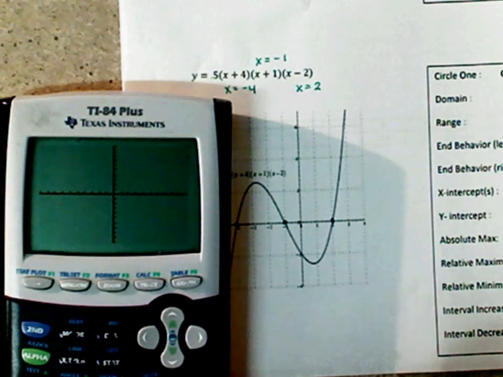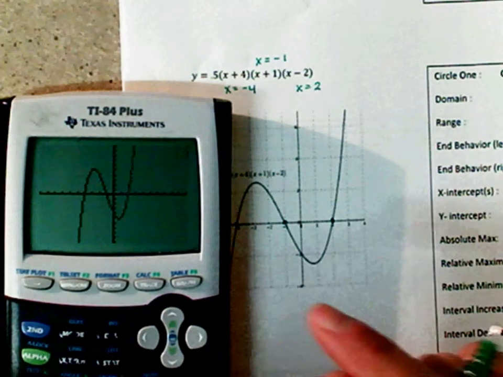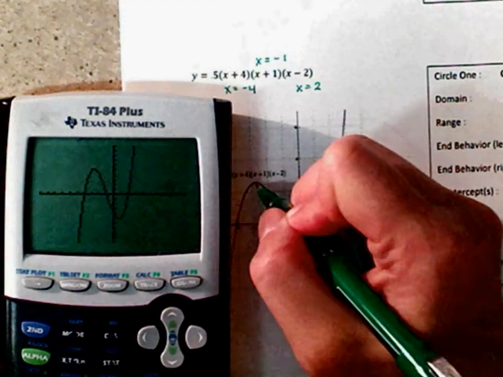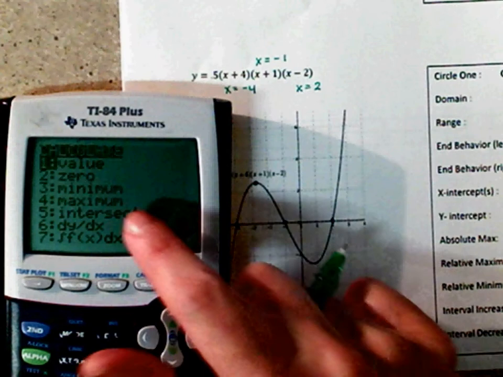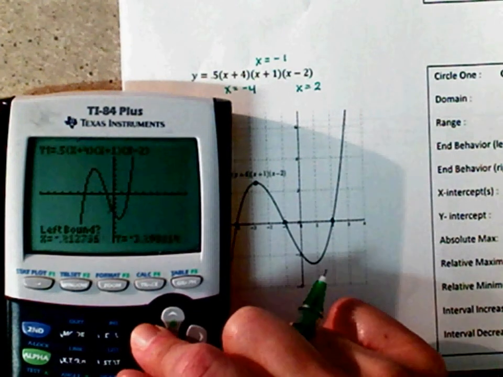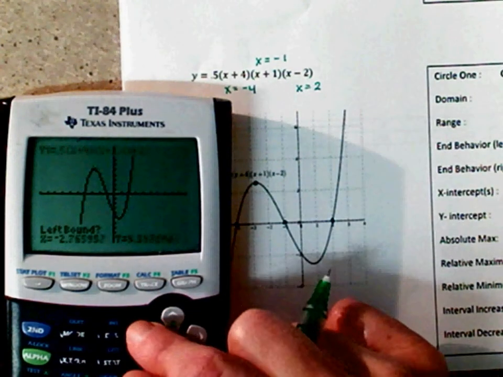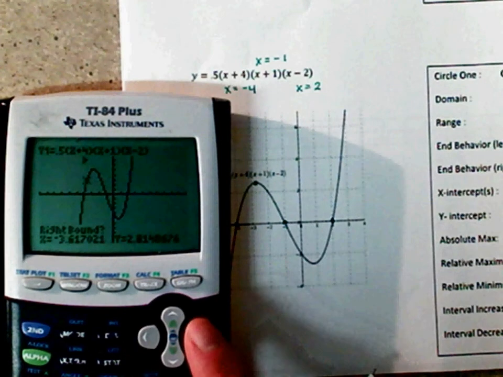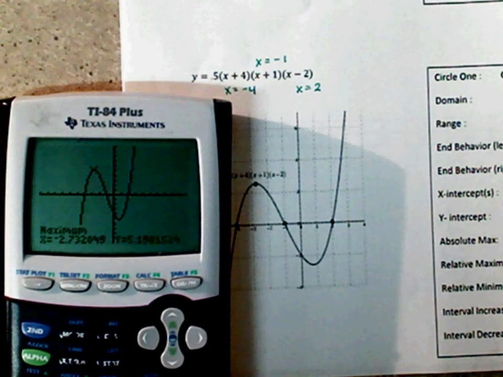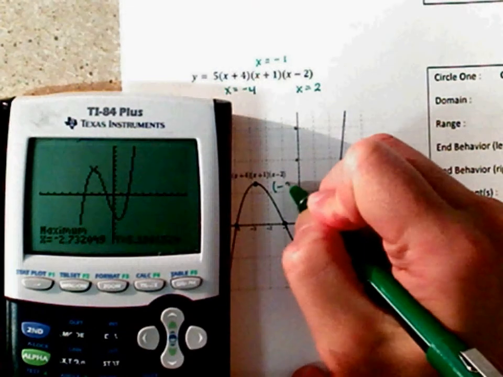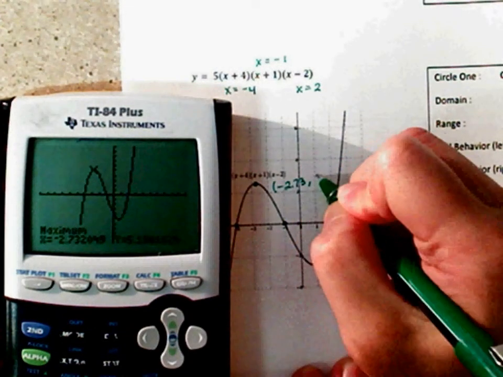There you go. I'm looking for the maximum right here. That's your relative maximum. So I'm going to hit second calc. Maximum is 4. Maybe I should do minimum first, but that's okay. Left side, go over the curve to the right. Okay? So your maximum right there is negative 2.73, comma, 5.20.